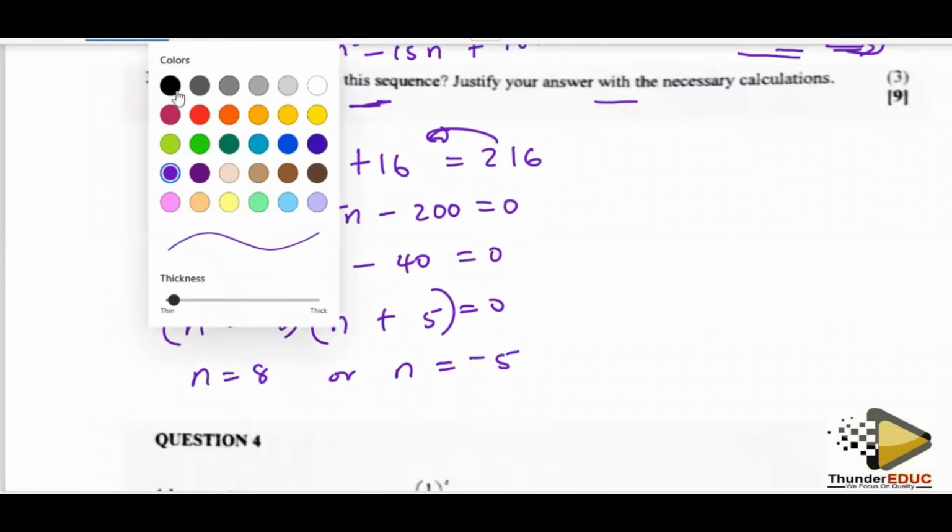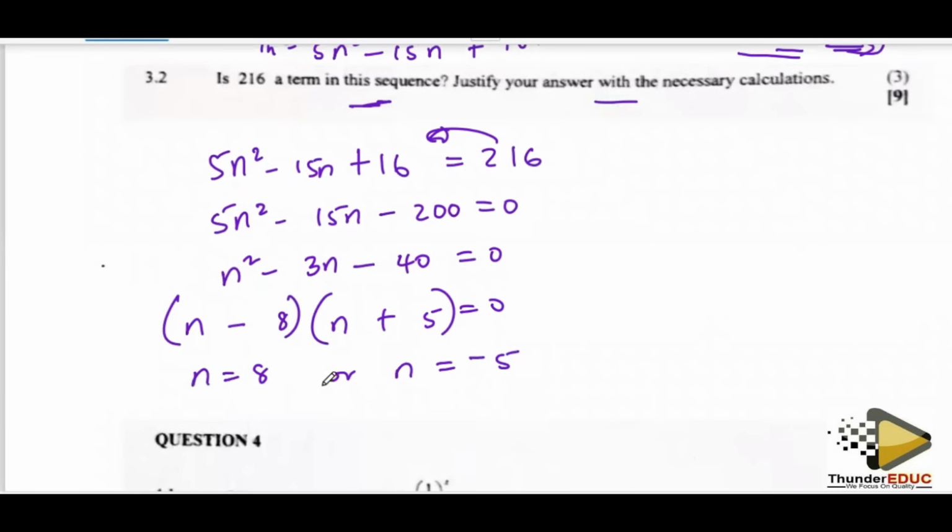But remember, we're looking for the position, and we can never have a negative position. Therefore, 216 is the 8th term of that sequence. So they say, is this a term or not? The answer is yes.